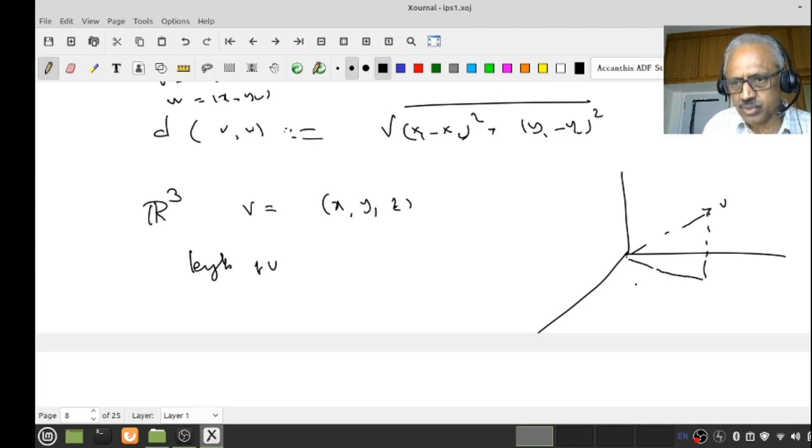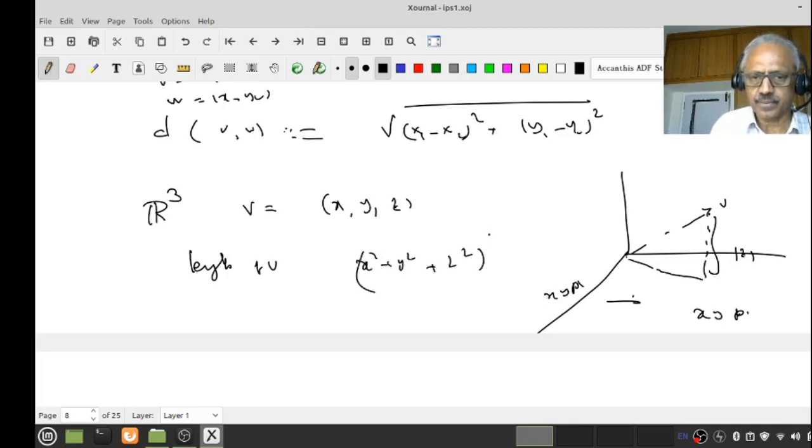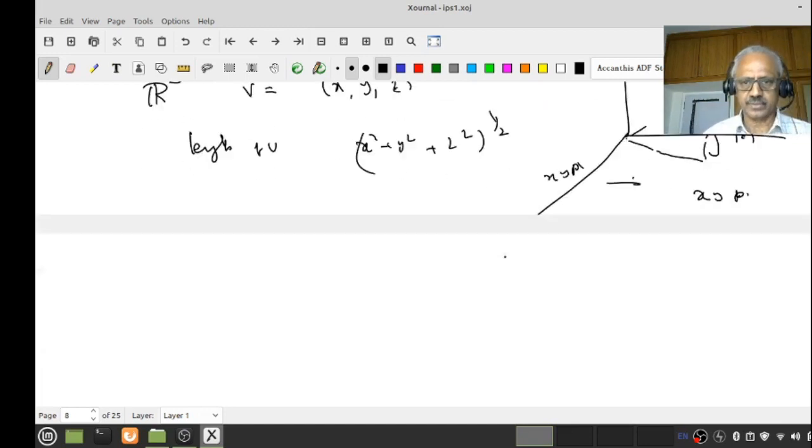This is the projection on the xy plane, and this is the height, that is z, or mod z, because z may be negative even though I seem to have drawn it in the first octant. Therefore the length is (x squared plus y squared plus z squared) to the power half, again the unique non-negative square root.